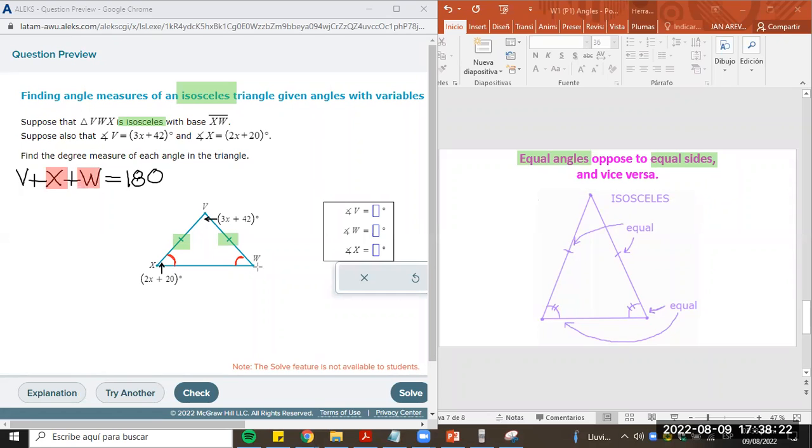Though they are not telling us how to calculate angle W, we can substitute that with the same expression as X. So angle V is 3 with parentheses. Remember, each time you substitute something, use parentheses. 3x plus 42.